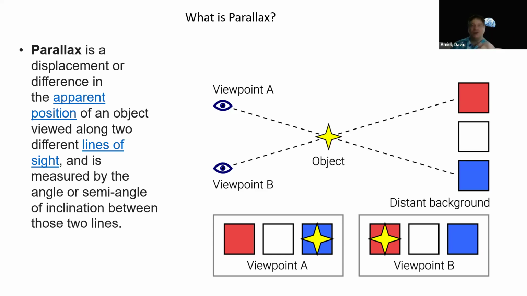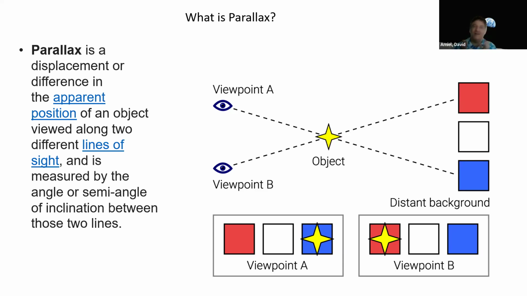To really convince yourselves of the parallactic effect, move your index finger now very close to your face and do the same thing. And you will see that your index finger will appear to move more. The closer your index finger is to your face, the greater the parallax.